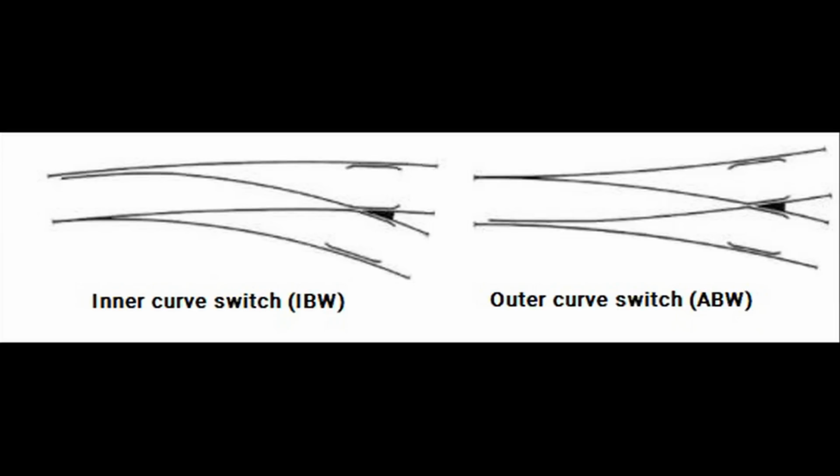Now, as I mentioned before, these switches can be curved, entirely curved. If they're curved in one direction, an inner curved switch, you simply have 2 different radiuses, an outer track radius and an inner track radius. In the case of outer curve switches, a Y configuration, the 2 tracks diverge away from each other, but both are curved.